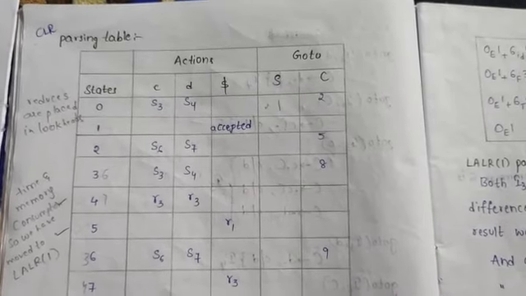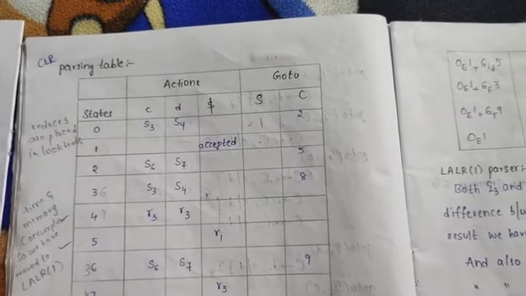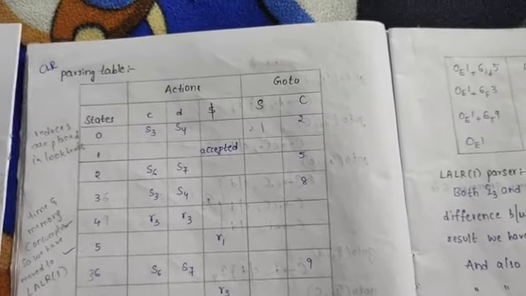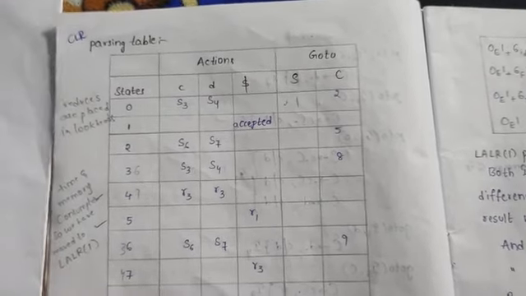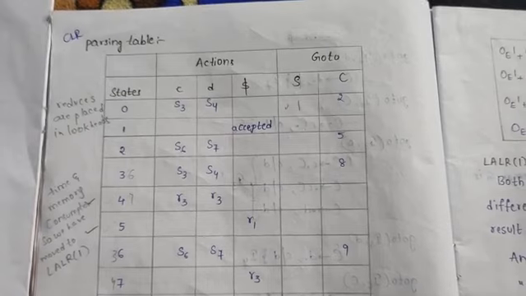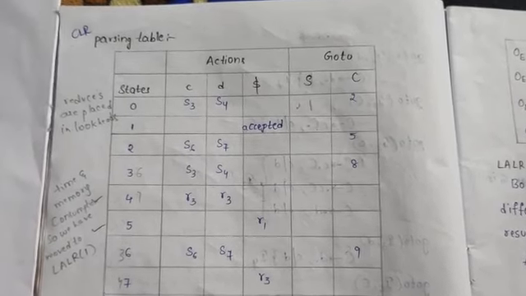CLR parsing table. Up to now we have discussed how to produce new states in CLR. Now we are discussing CLR parsing table construction. This is simply the same as SLR parsing table construction.